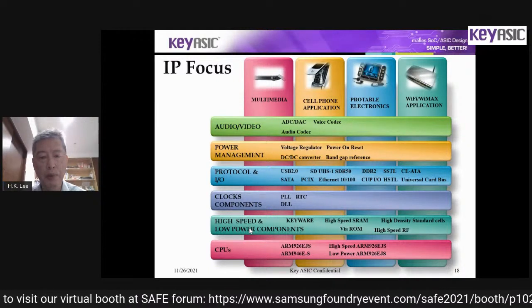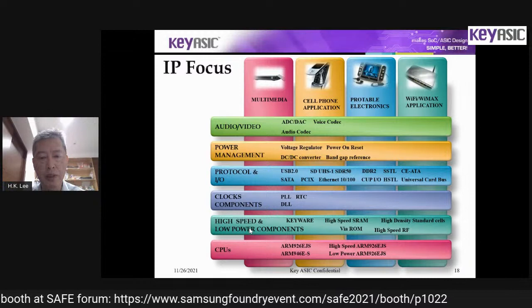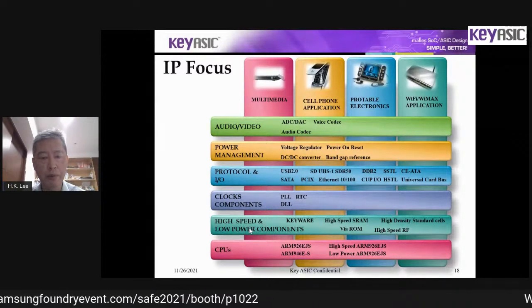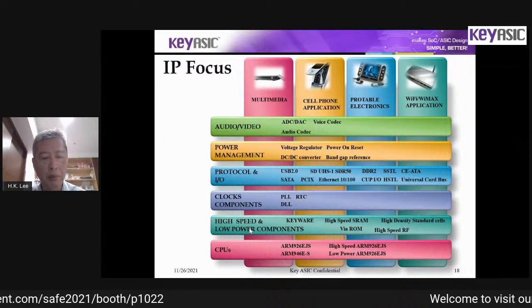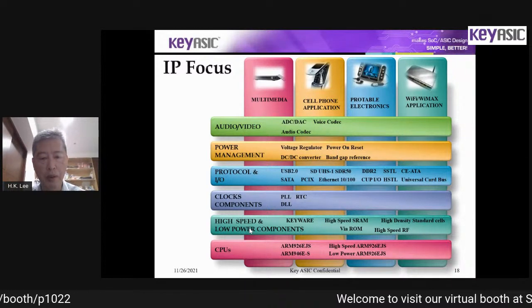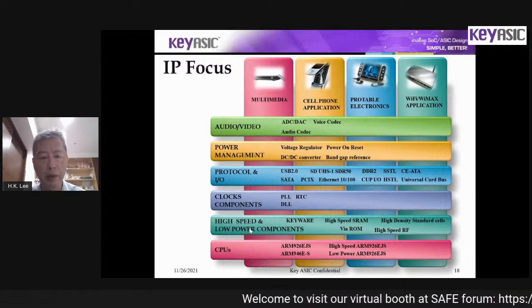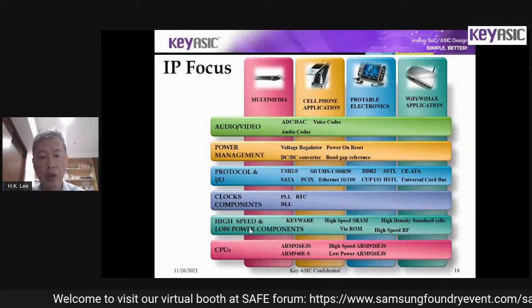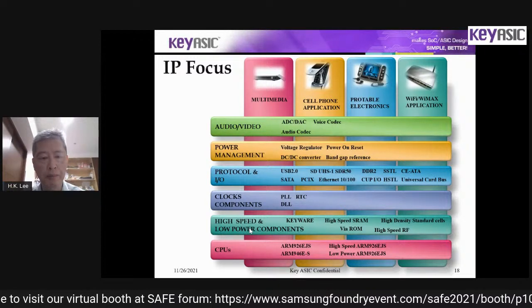So we can provide those high-speed SerDes IPs to save our customers' effort to design the chip. For clock and components, we can provide PLL, RTC, and DLL to implement the power management functionality on customers' low power application chips.